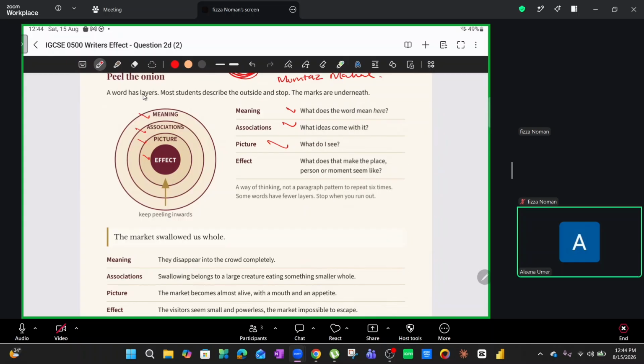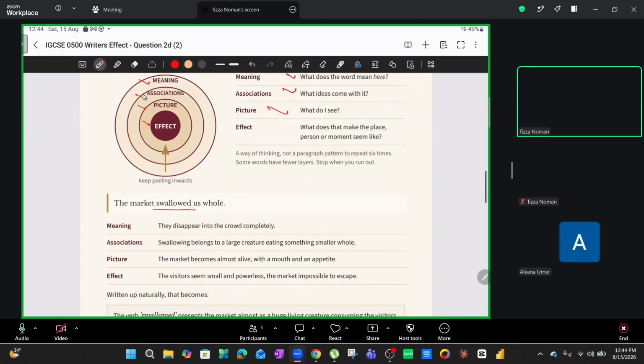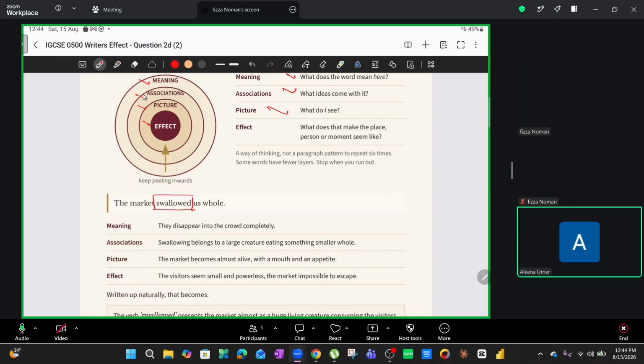There's a huge crowd and there's not enough space to like move freely. नहीं, देखो, अभी जब मैंने swallowed is the word that we are fixating on, right? ये हमारा कीवर्ड है ऑटोमेटिकली. मीनिंग हमें समझ आ गया कि कॉन्टेक्स्ट में यहाँ पे प्रॉबेबली इतना क्राउड है, chaotic environment है कि people are literally बस they're all mixing into one another, right? We cannot figure out who's who.